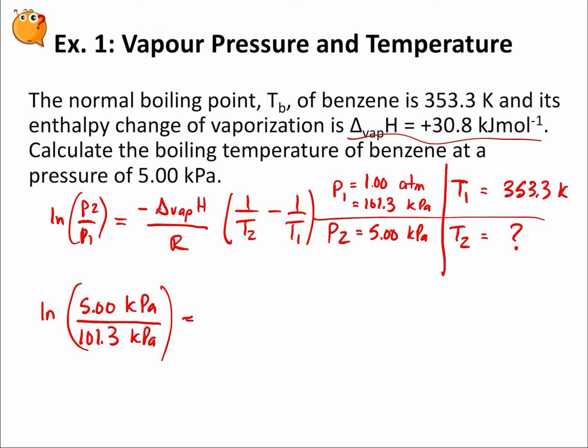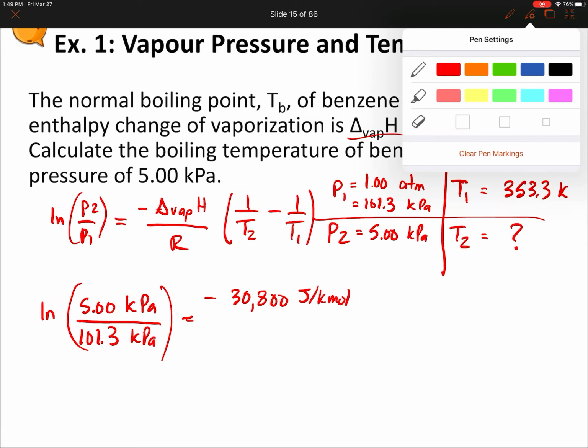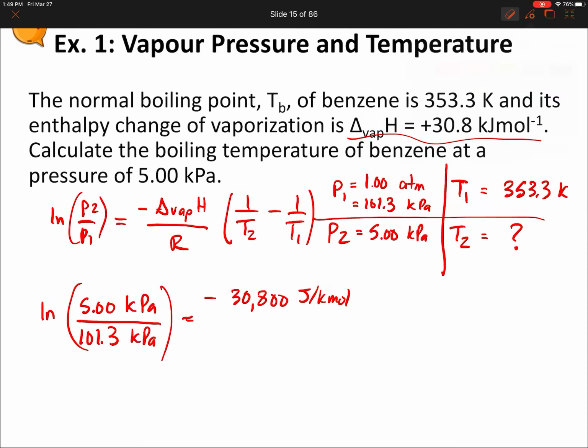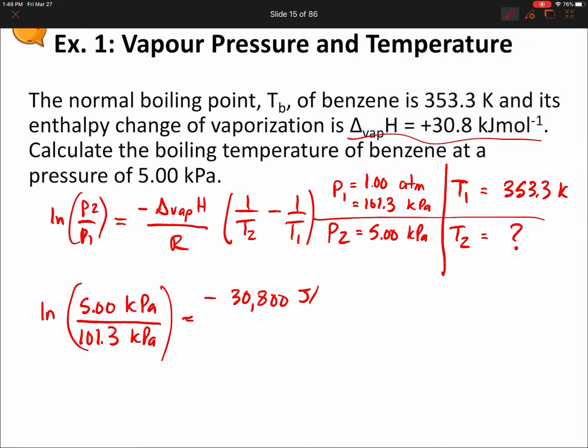That is going to be equal to negative delta H VAP, which is 3800 joules per mole.